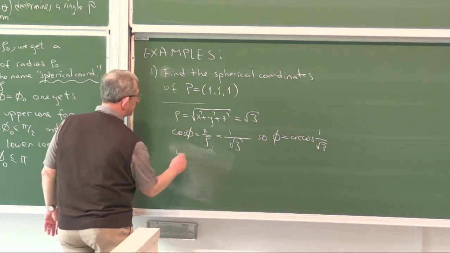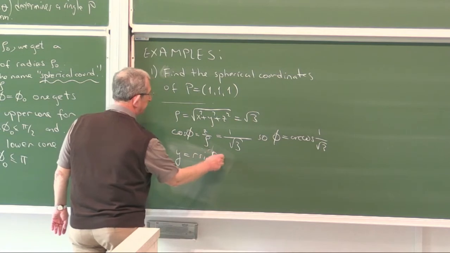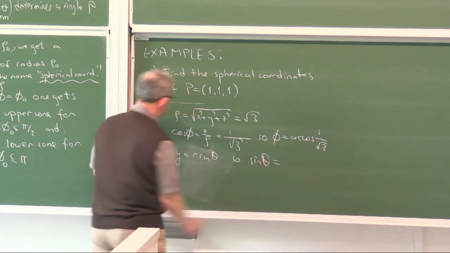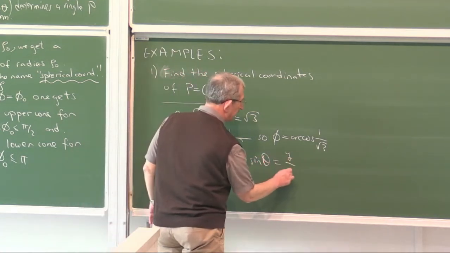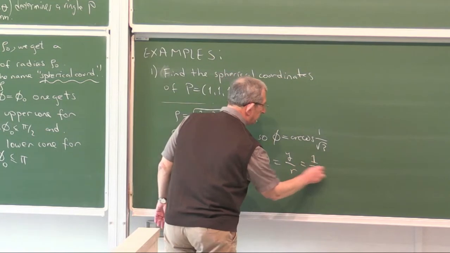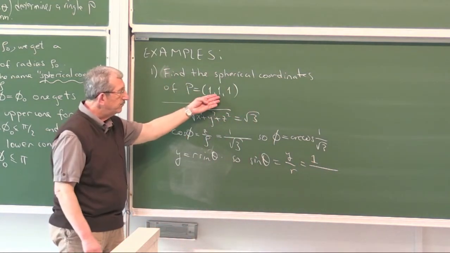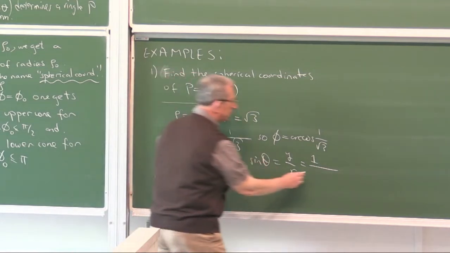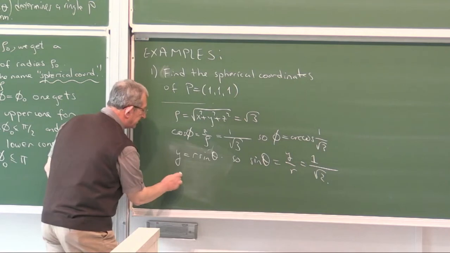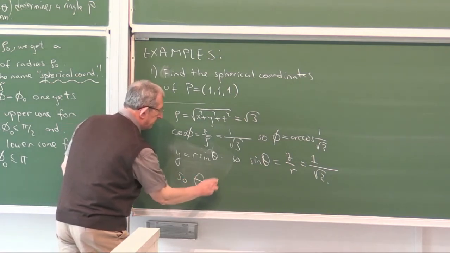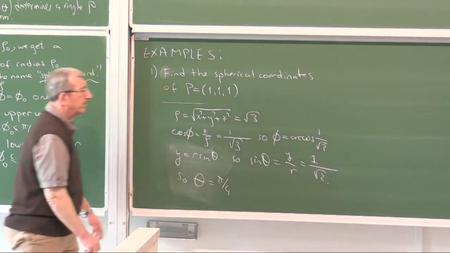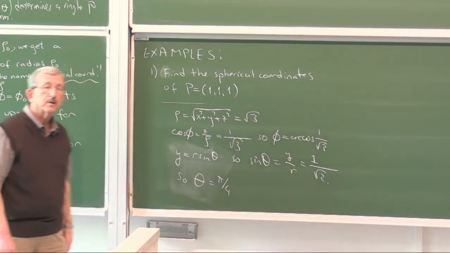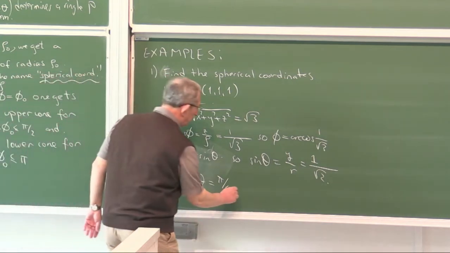Namely, y is r sine theta. So sine theta gives us y over r. y is 1, it's already given here. And r is the square root of the sum of the squares here, so it's root 2. Now this tells us that theta is pi over 4, because sine is 1 over root 2. But it can also be 3 pi over 4.